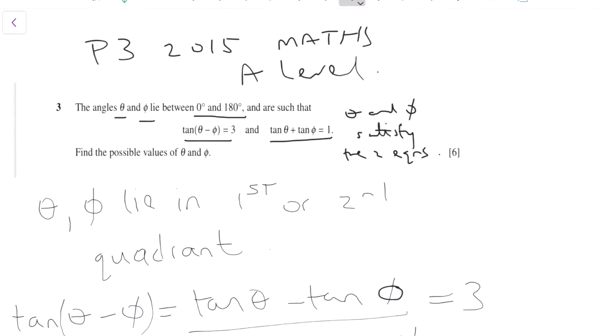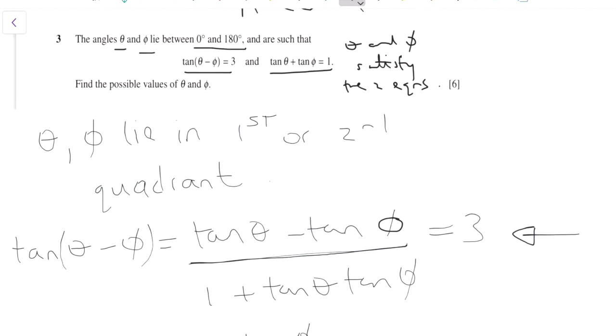So tan(theta minus phi) is tan theta minus tan phi divided by 1 plus tan theta tan phi, equals 3. So that's the first equation, right? So we can then use the second equation, which is tan theta plus tan phi equals 1. So I rewrote this as tan theta equals 1 minus tan phi and substitute that into here.